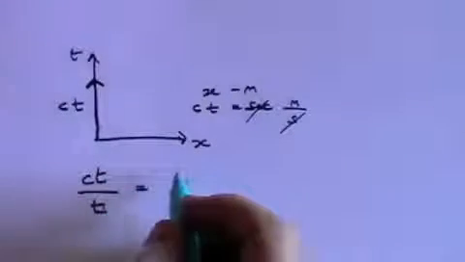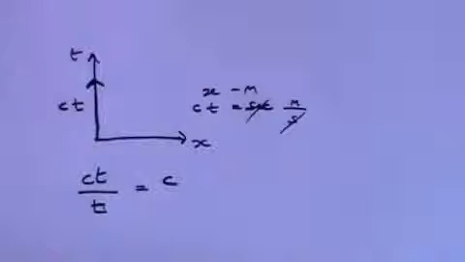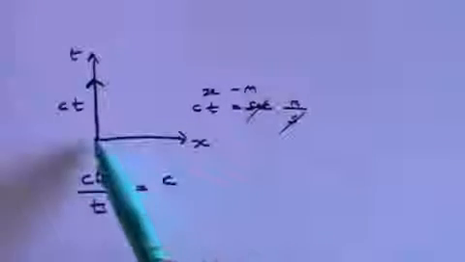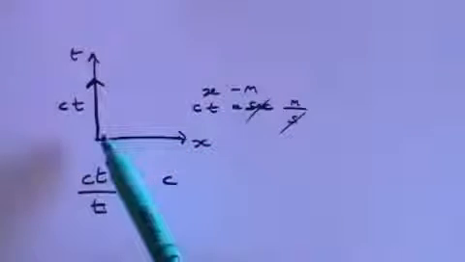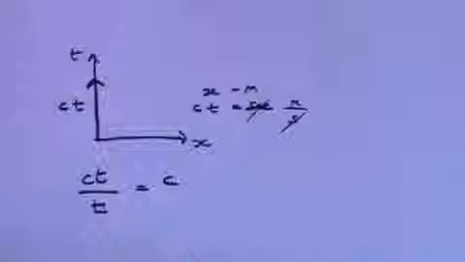Distance divided by time is c. He has travelled through space-time at the speed of light. You'll notice that I didn't say he was travelling through space at the speed of light, which of course he couldn't do. He is travelling through that combination of space and time called space-time at the speed of light.